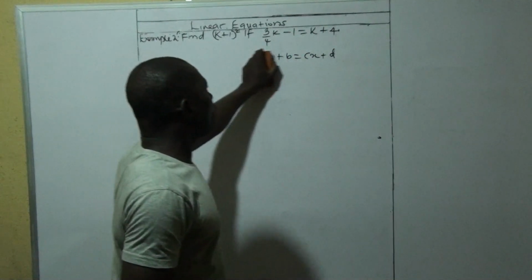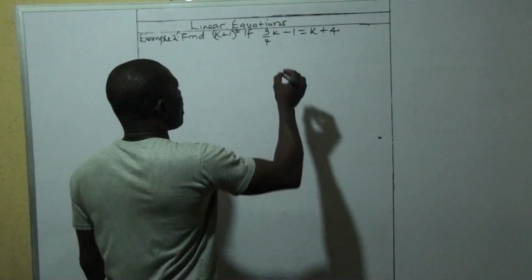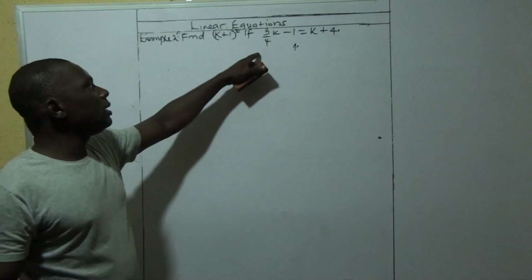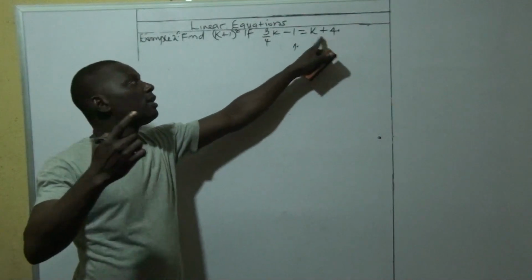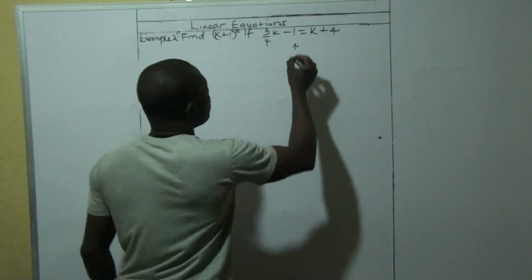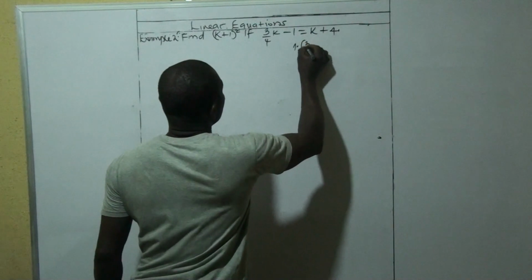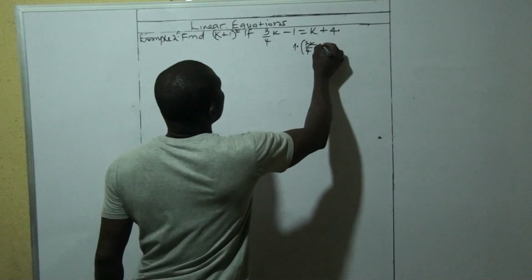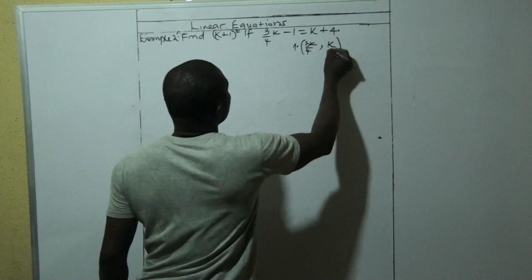So I will follow our normal steps. The first step is that we have to what? We have to identify the unknown term on both sides, and the unknown term on one side is 3 over 4 k, and on the other side is just k.